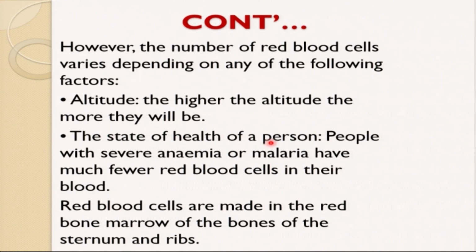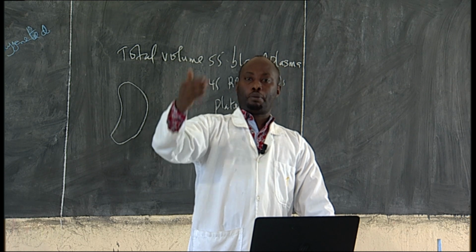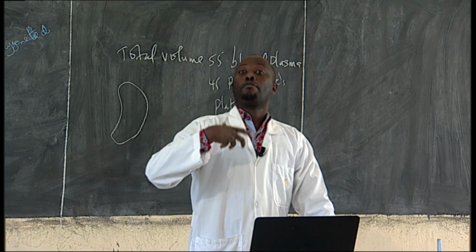The state of health of a person: people with severe anemia or malaria have much fewer red blood cells in their body. People suffering from malaria or anemia have fewer red blood cells because the cells have burst.